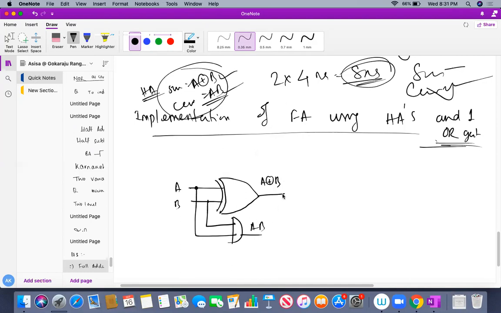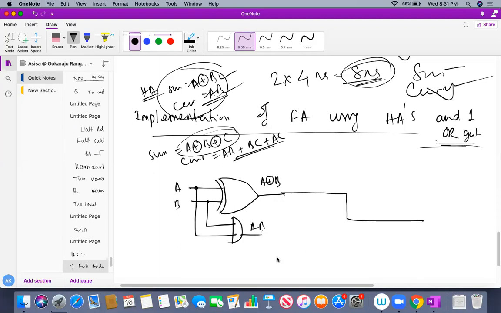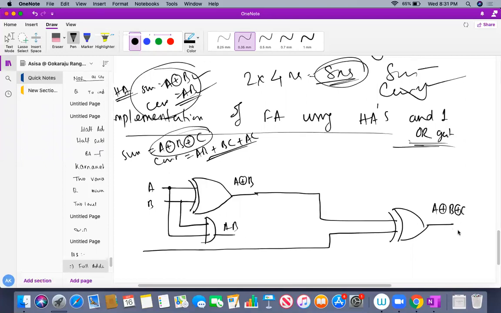Now for the full adder, what do I need? A XOR B XOR C gives me my sum, and I need the carry, which is AB, BC and AC. For the sum, I can easily do this. I can take this output and take another input as C, and perform an XOR operation between these two, and this is my A XOR B XOR C, which is nothing else but my sum.